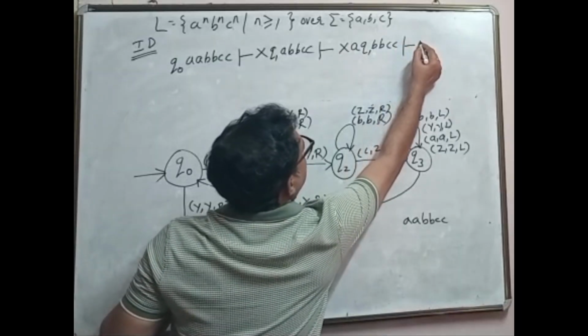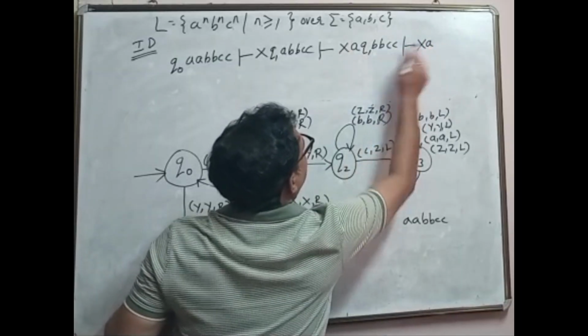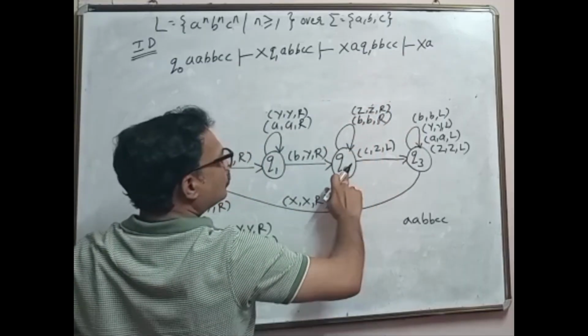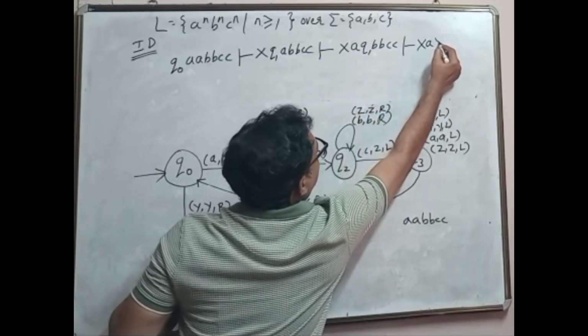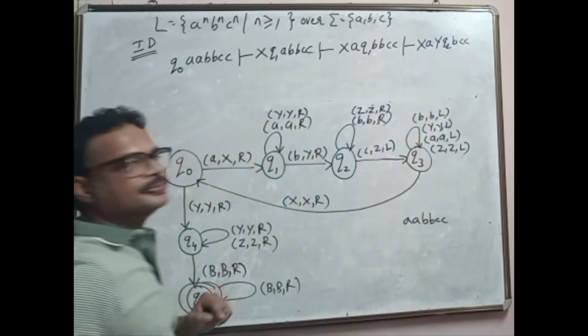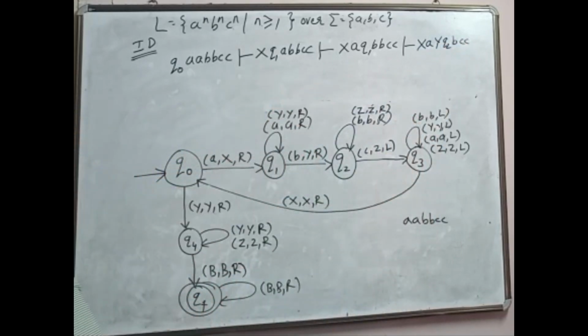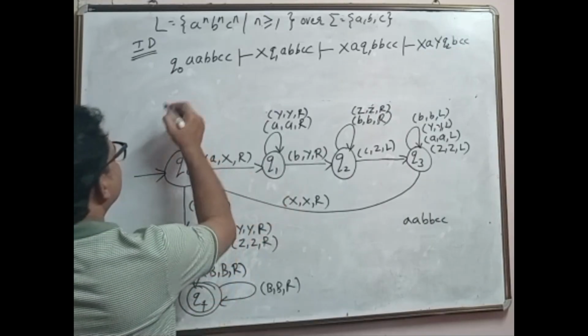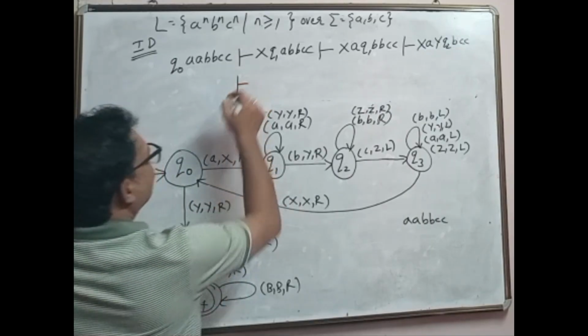Okay. That is X, A, it goes to Q2 and it replaces that B by Y. So this is the instantaneous description. Let's move on.